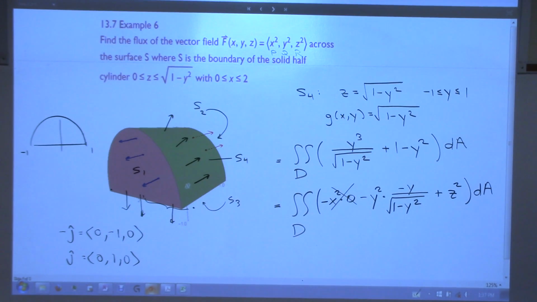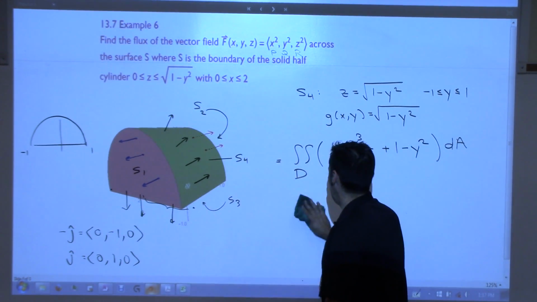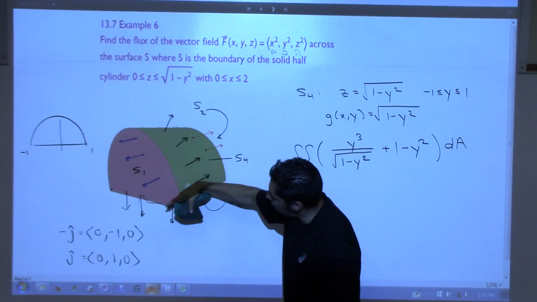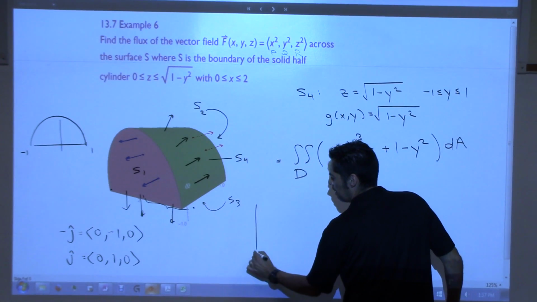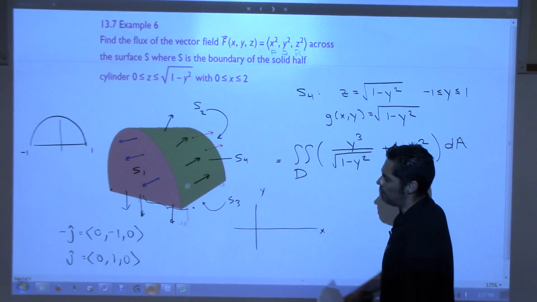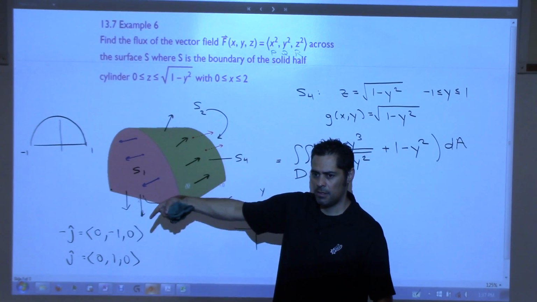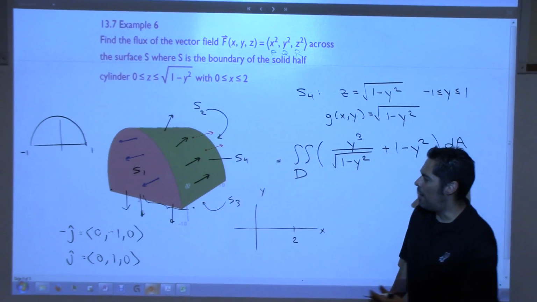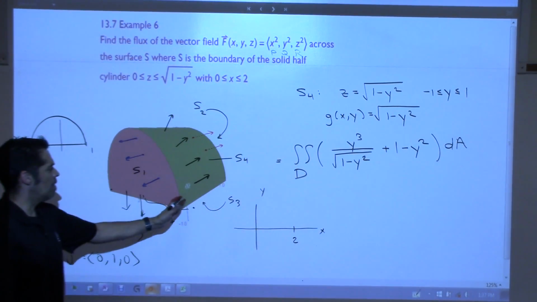And I think that's good. I'm ready to go ahead and get my limits of integration. I just want to look at this region on the ground, right? The projection of that green surface onto the ground should create, now just be careful here. This is x, this is y. Remember, x is coming out at you, right? So my x is going to go out to 2, and my y is actually this part, left and right.